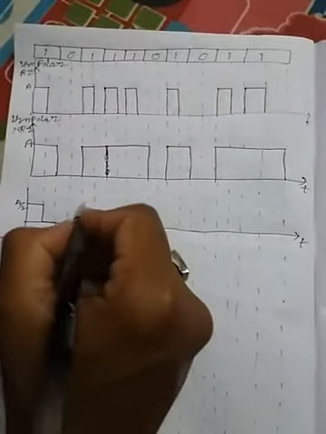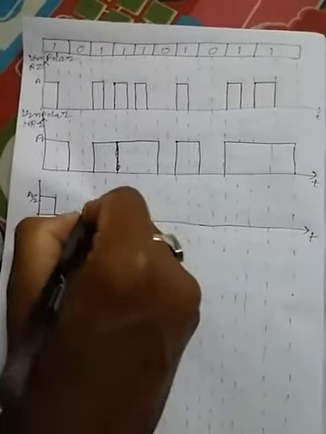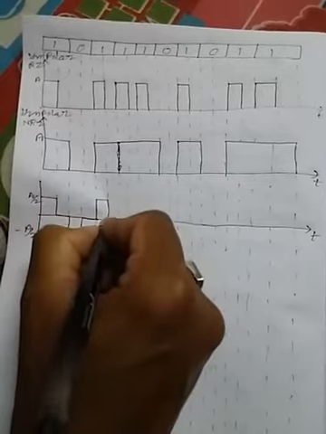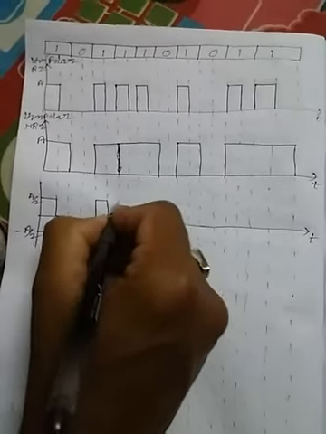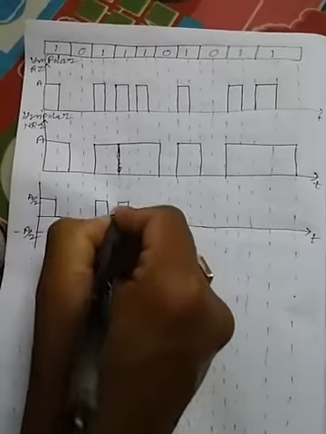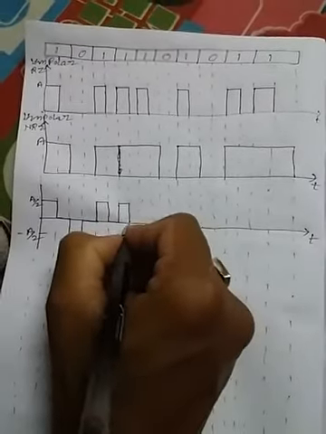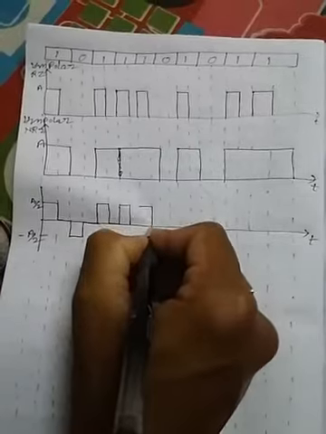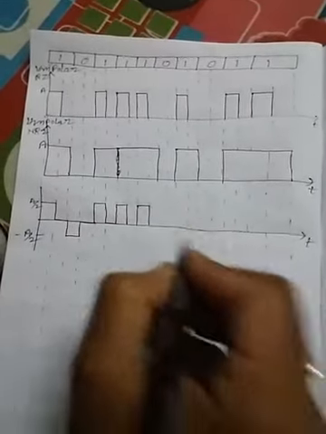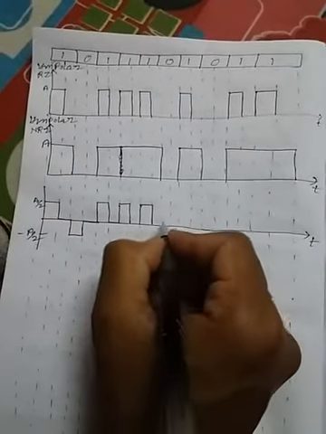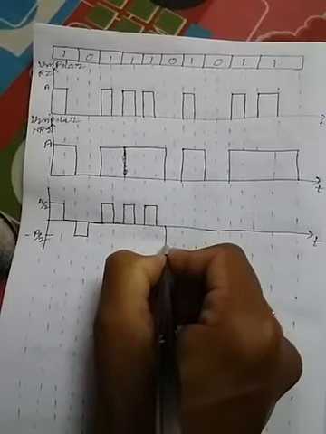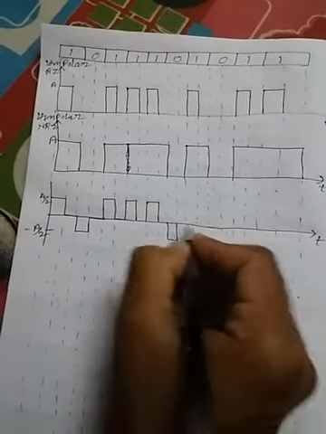Now again there is 1, so there will be a positive amplitude in the first half and it goes to 0. Again positive amplitude and it goes to 0, positive amplitude and it goes to 0. Now this is 0, so there will be a negative amplitude and it goes to 0.